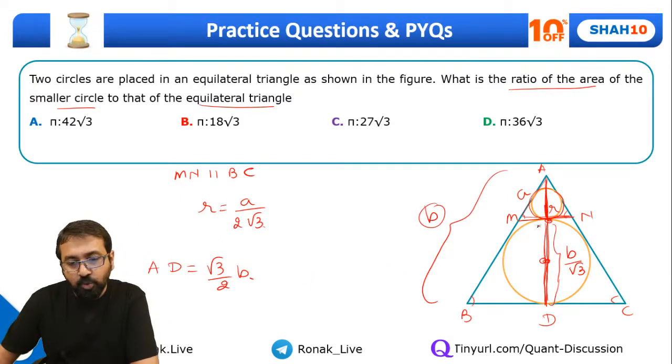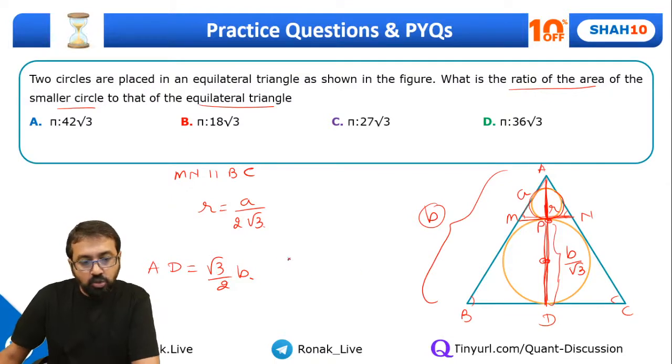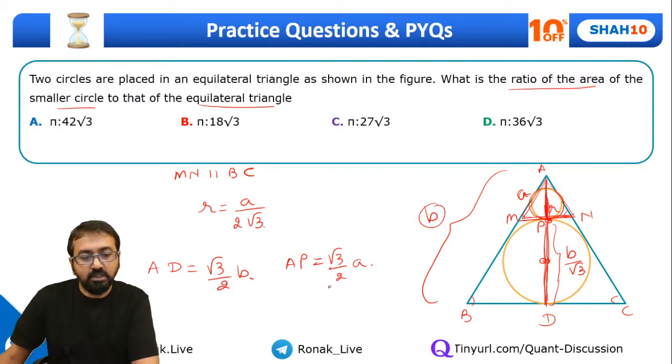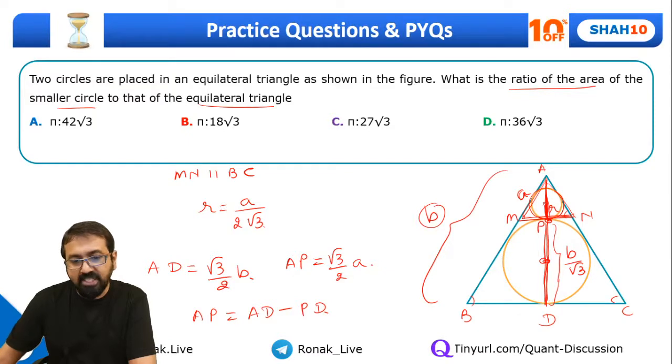And let's take this point as P. Also we know that AP is the height of the smaller triangle, so the side is a, so this height is going to be root 3 by 2 times a, correct? Now can I say this AP is equal to AD minus PD? This complete height minus this diameter will also be equal to this one.